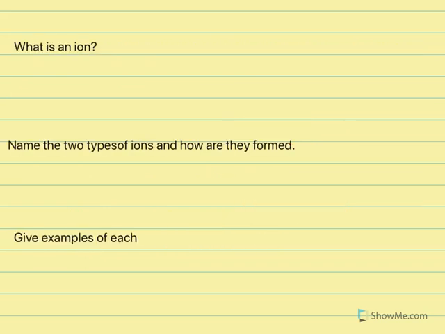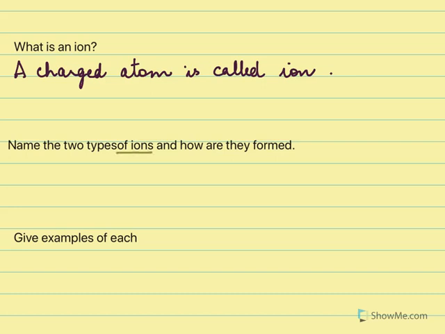Different atoms. What is an ion? A charged species, or an atom with a charge, is called an ion. Next, name the two types of ions.